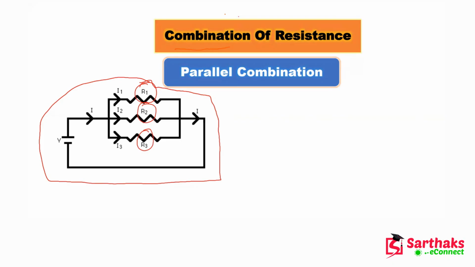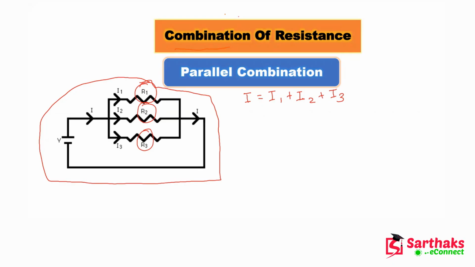And here in the parallel connection, current is divided. It means current is not the same in all the resistances. So if I want to calculate this current I, then I have to add all these individual currents passing through these resistances: I1 plus I2 plus I3. And this will give me the value of I.